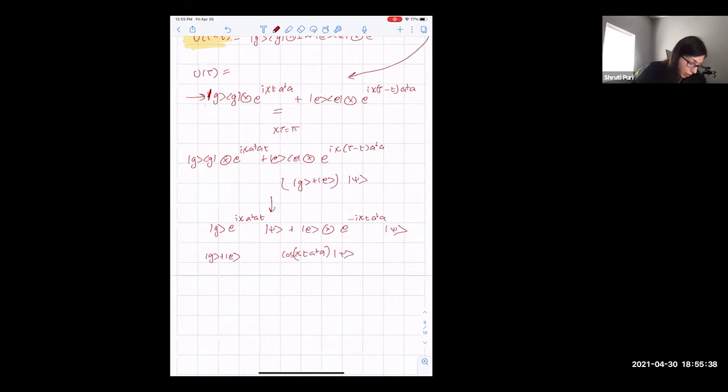So now you have a back action on your state in the cavity, because there was a T1 error in the ancilla, and this error is not correctable. This is a high weight error. This is not an A error or A dagger A error.